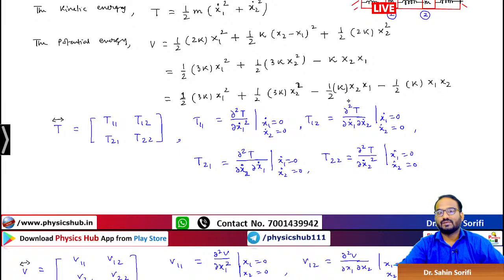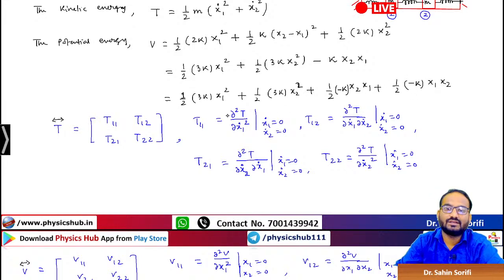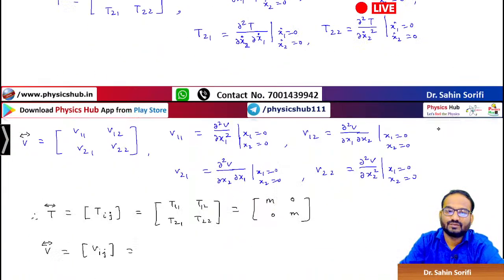So here it is plus, here it is plus, so it is like plus half of minus k x2 into x1. So we can also modify this a little bit to make this formula more straightforward. Okay, let me give you. So we are writing it plus, here you write minus k, here you write minus k. So we can directly write, you see, 3k, minus k, minus k.